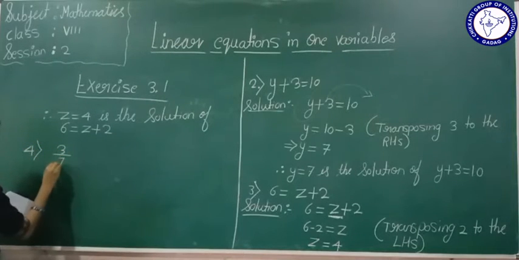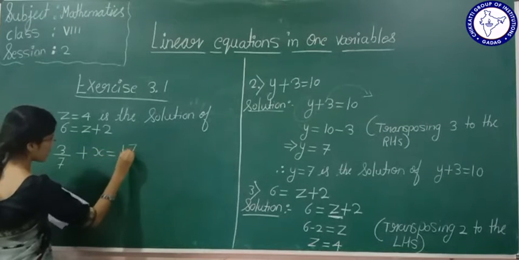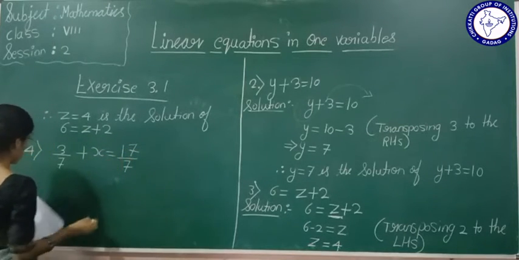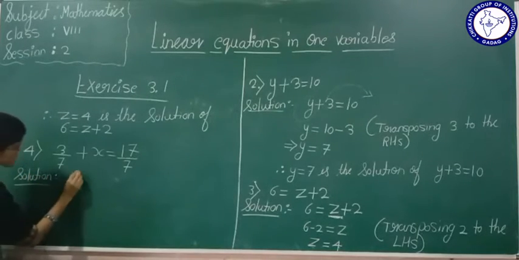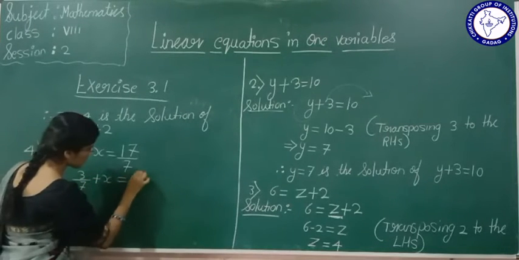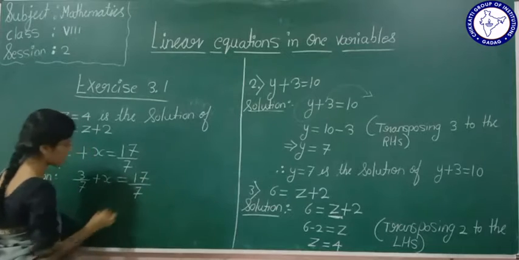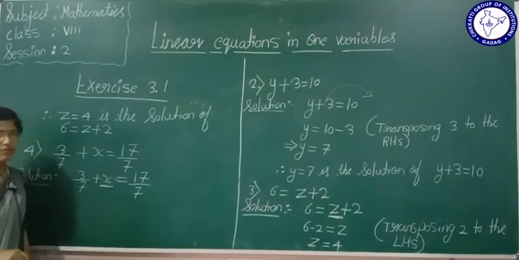3 by 7 plus x is equal to 17 by 7. See the solution. Given 3 by 7 plus x is equal to 17 by 7. We want to find the value of x.